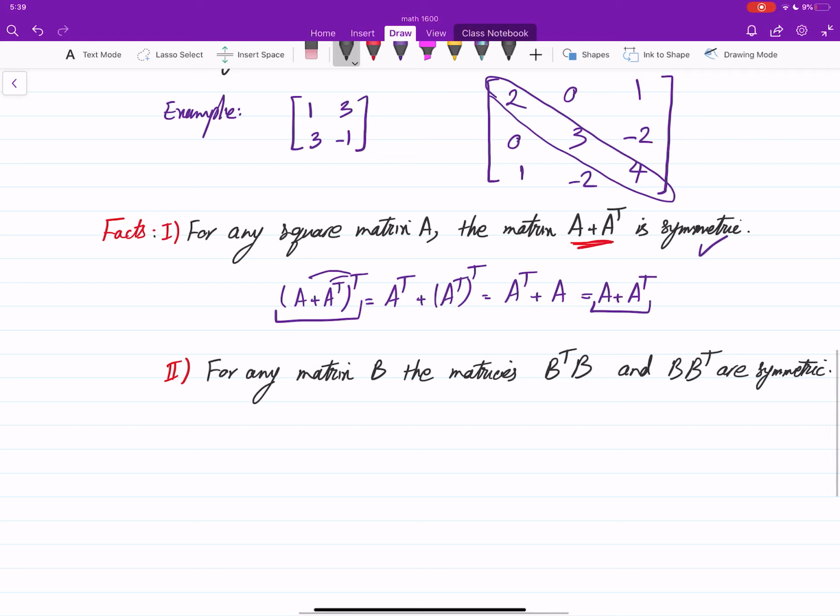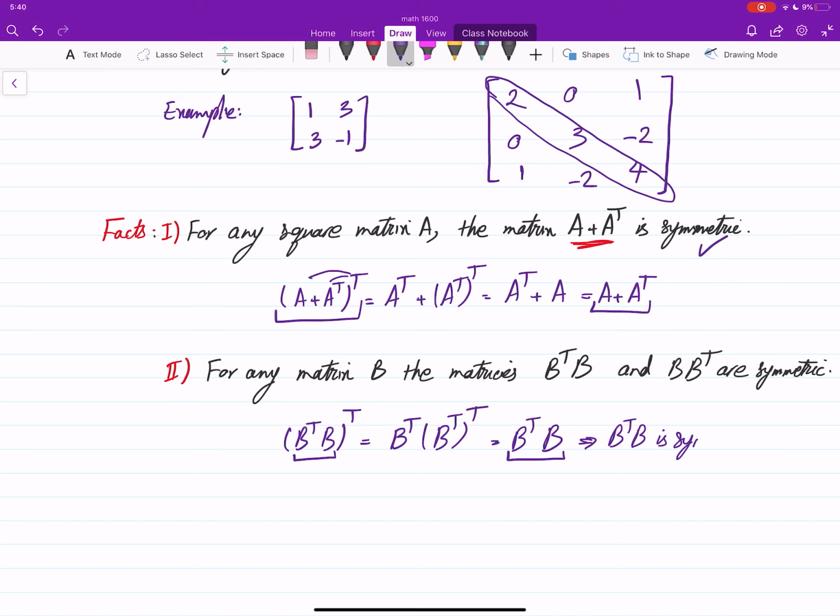So why is that so? Again, to check something is symmetric, you have to find its transpose. And we know that the transpose and multiplication work nicely, but you have to change the order. And the second one is transpose of transpose. So we started with B transpose B, and we ended up showing that it is equal to B transpose B itself. So that means that B transpose B is symmetric.